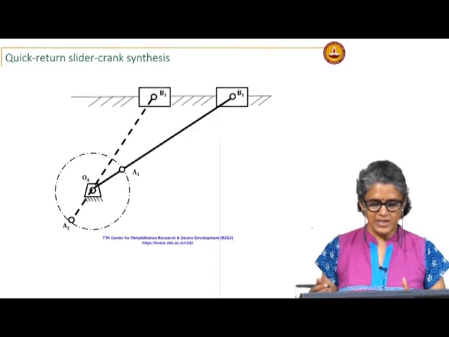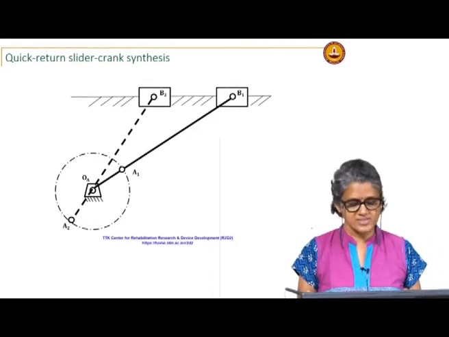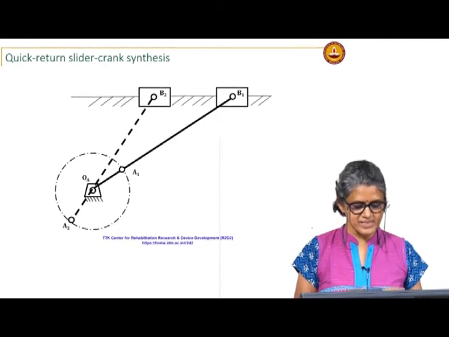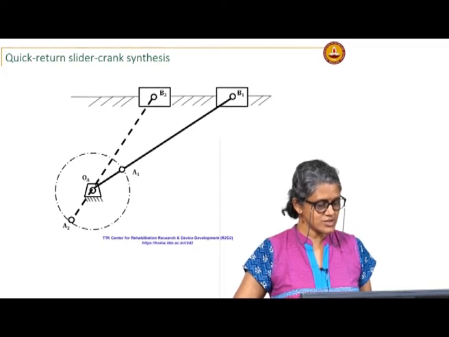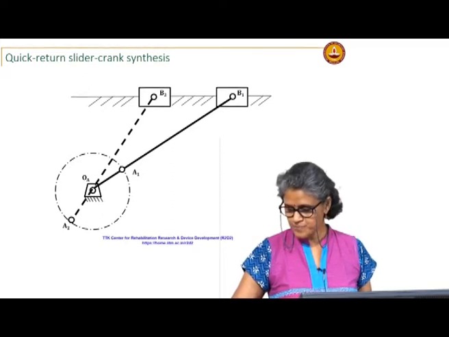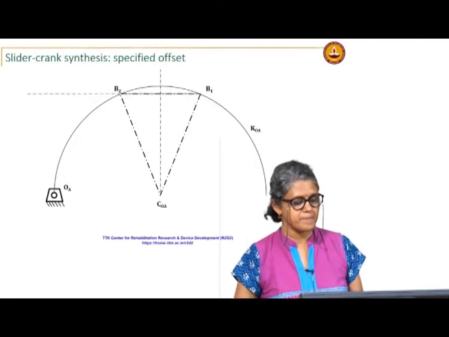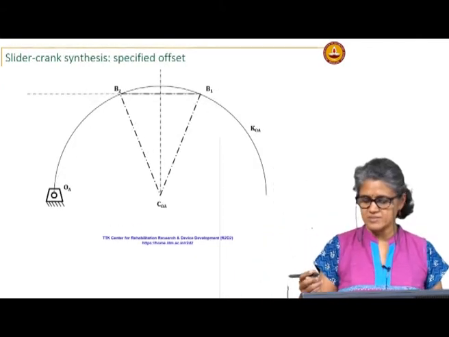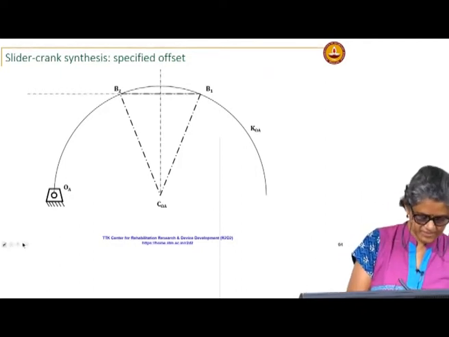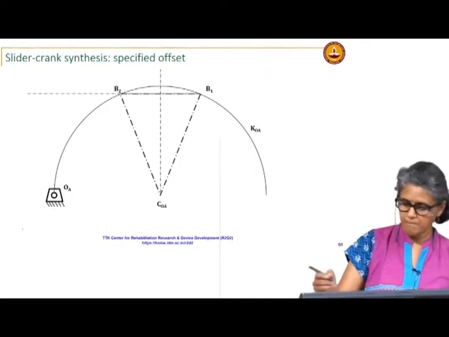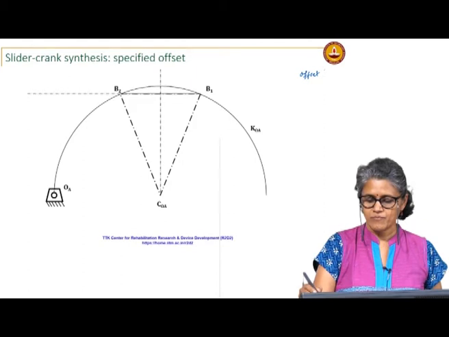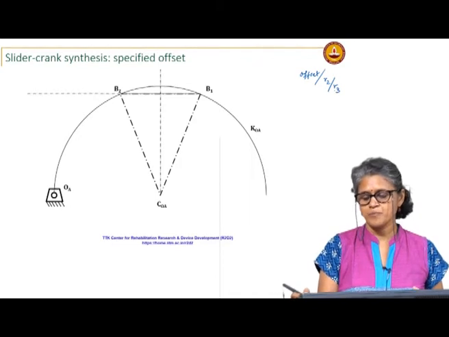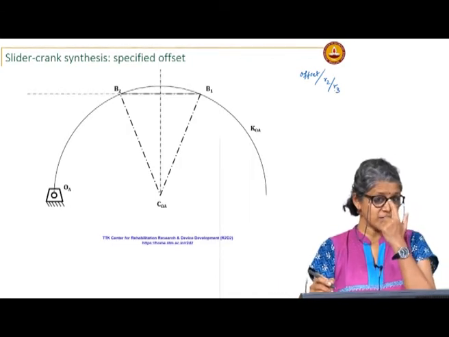So, last class we looked at the quick return synthesis, and for the slider crank synthesis, for a 2 position slider crank synthesis, we saw that if you specify one of the 3 quantities, either the offset, or length of one of the links R2 or R3, then you get a unique solution.